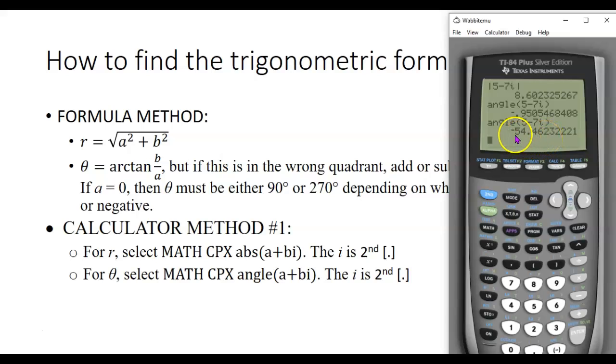So it gave me the angle as about negative 54.5 degrees. If I want, I can add 360 to that and get 305.5 degrees. And that is correct. We have a complex number that is in quadrant 4, and so it gave us an angle that is in quadrant 4.